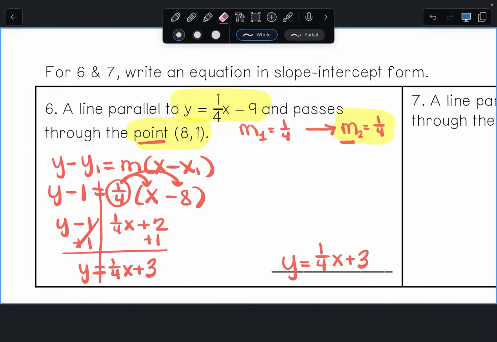I'm so sorry. 1/4 times negative 8 is negative 2, and negative 2 plus 1 is negative 1. You forgot to plug in the negative. I didn't even look at the key on my notes. I'm so sorry, that was my fault. Didn't mean to confuse y'all.